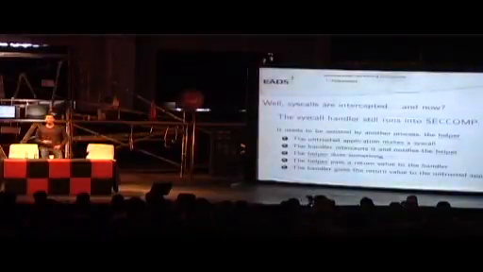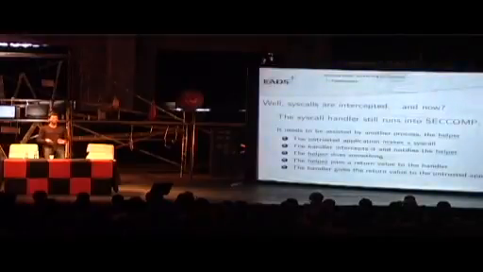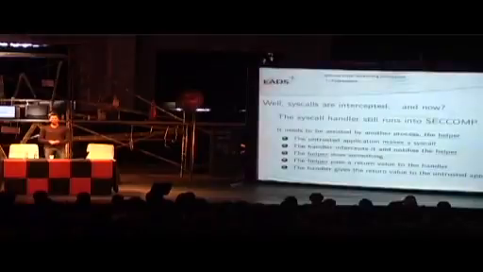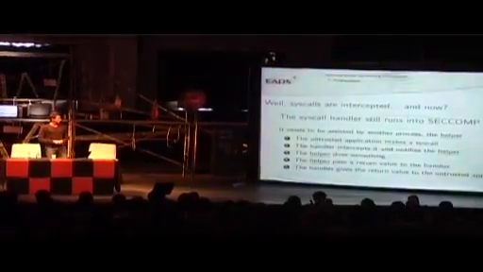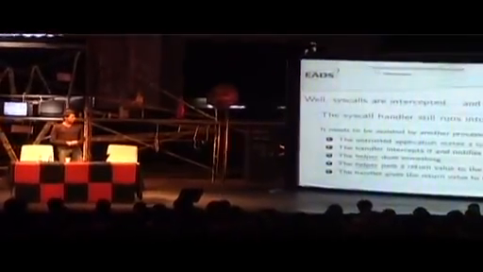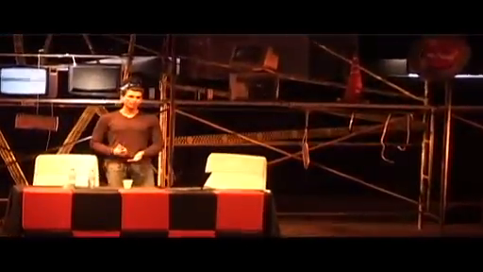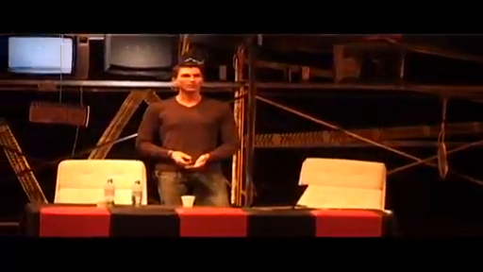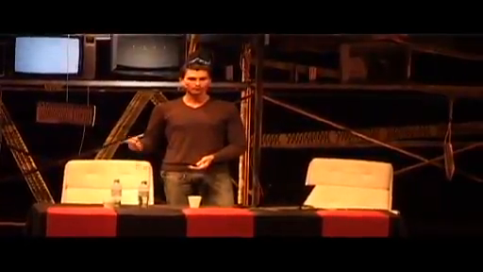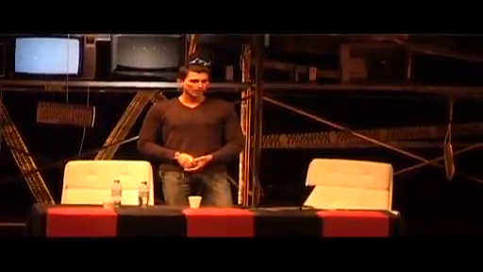When your application is running, we have another process running in parallel. This other process is called the helper. Now, when the untrusted application makes a syscall, it is intercepted by our handler, and the handler notifies the helper through a Unix socket.